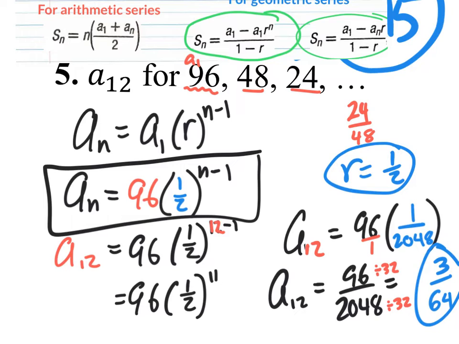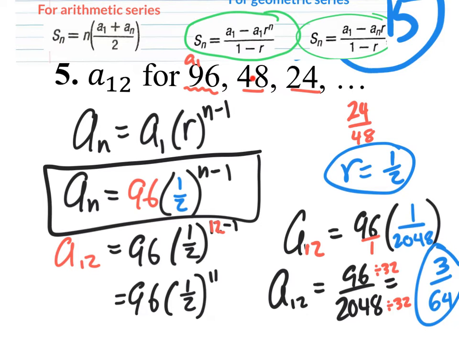I'll be honest with you, this question may throw you off because the instructions say find a sub n, which is usually referring to the last term. And right here they're telling you a sub 12. So they're telling you that a sub 12 is the a sub n term, the 12th term on this list. So if you found the common ratio, which was 1/2, 96 times half is 48.